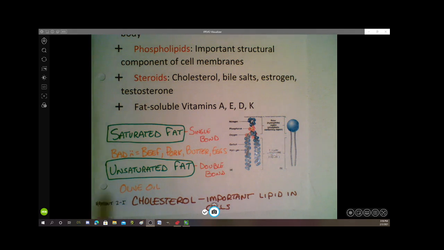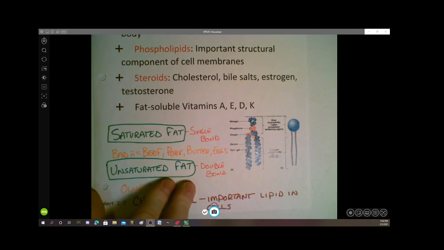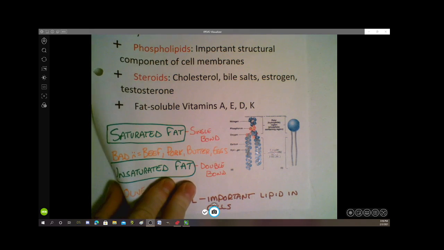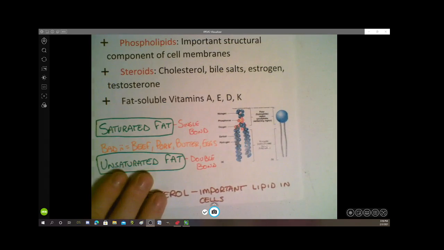And it turns out that we actually need certain unsaturated fats to maintain a healthy diet. So it's not necessary to have saturated fat, but it is necessary to have some unsaturated fats. You've probably heard of omega-3 fatty acids and stuff. Those are a type of plant fats.